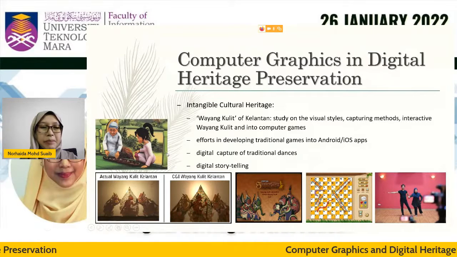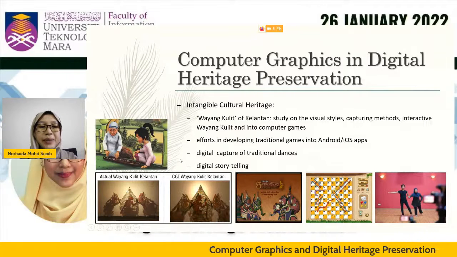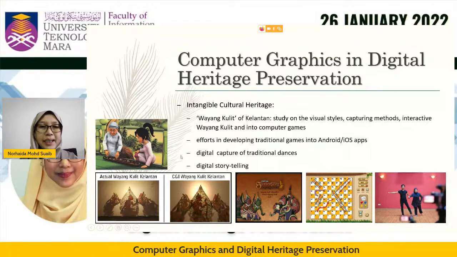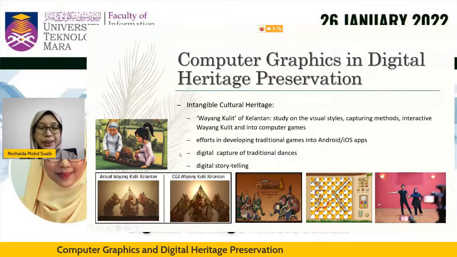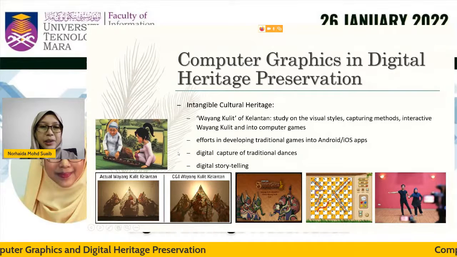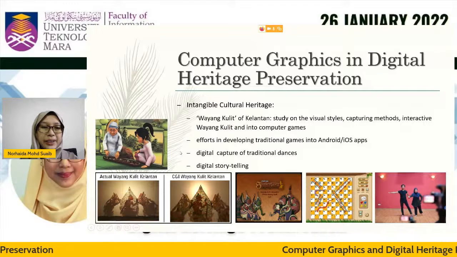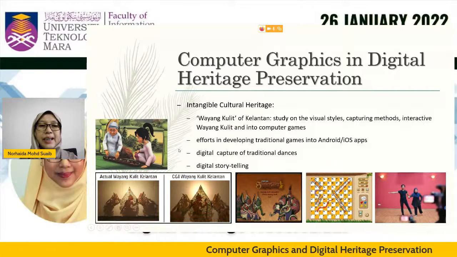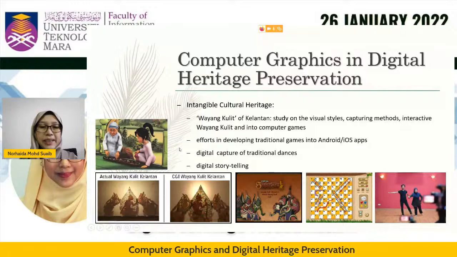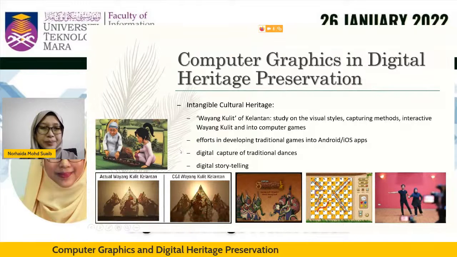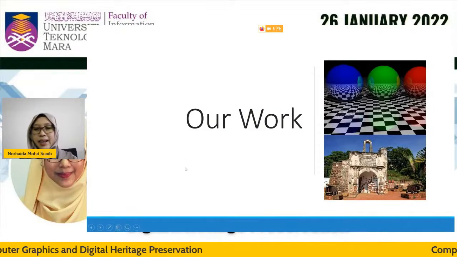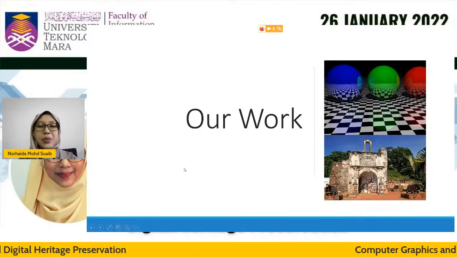And again, the example from Upin and Ipin is digital storytelling. We can use these computer graphics tools, software and technology to ease the process of digital storytelling related to either tangible or intangible cultural heritage. Now, about our work.